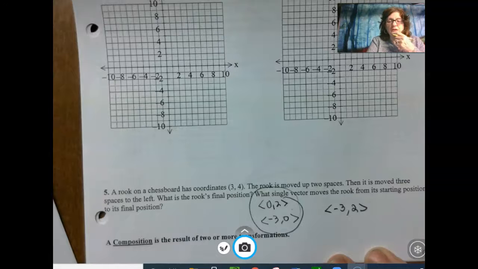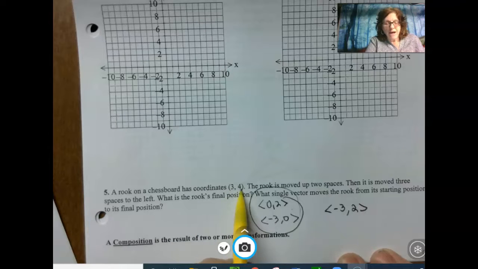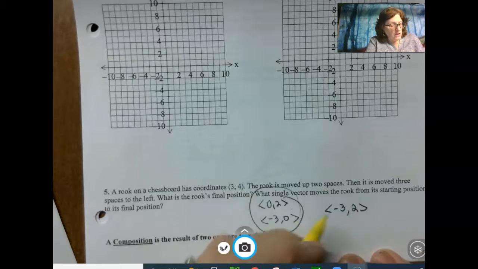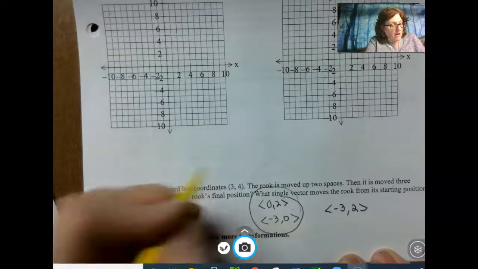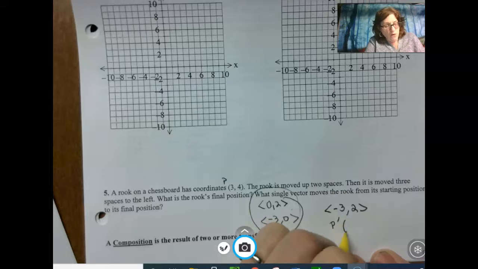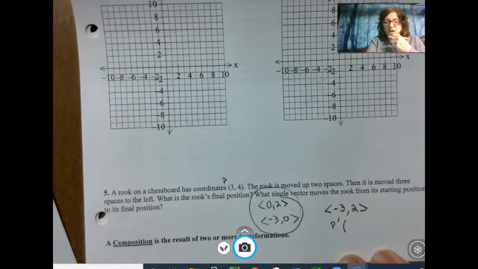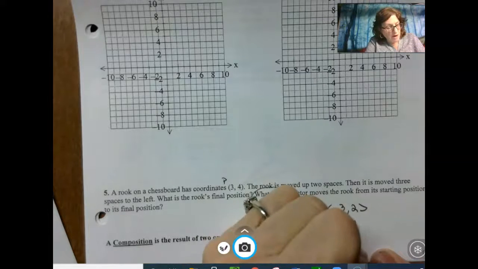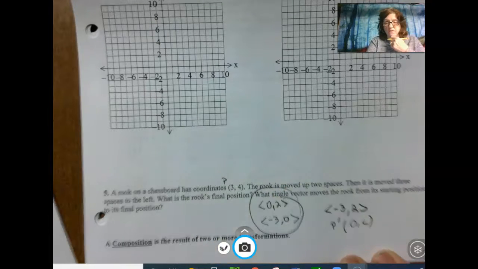So the question is, if I was originally at (3, 4), where am I now? Hopefully you can tell me that your coordinate, if I call this P prime, is going to be where? Has everybody figured out an answer? Hopefully you figured out you would be at (0, 6).